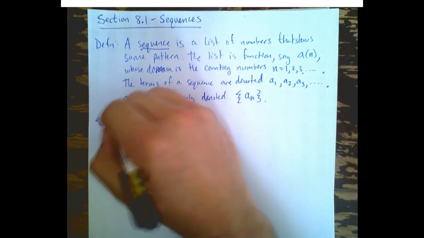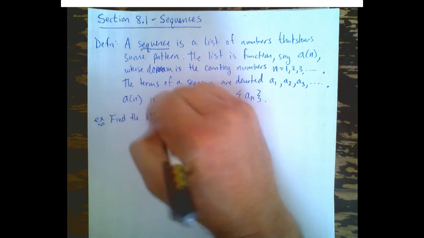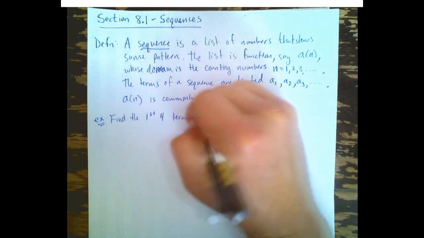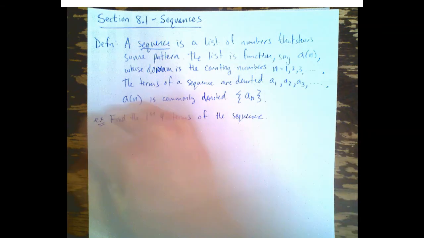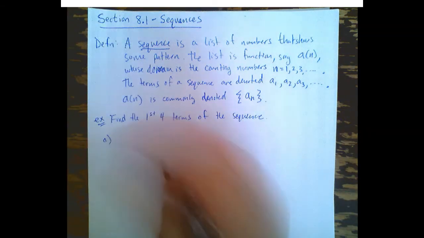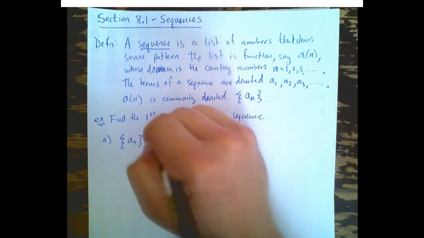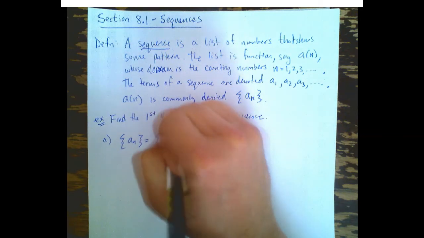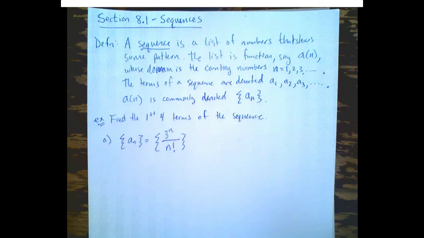We want to find the first 4 terms of the sequence. Say we have this sequence A sub n is 3 to the n over n factorial.